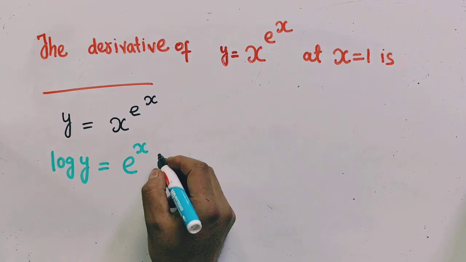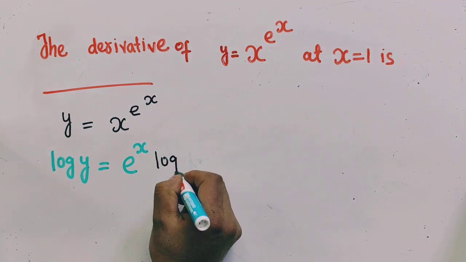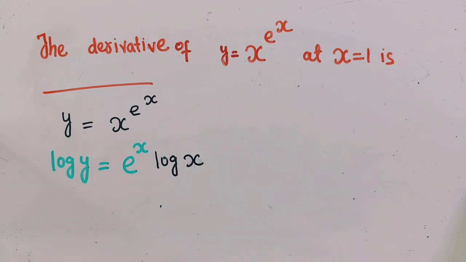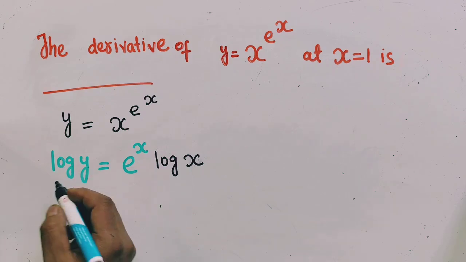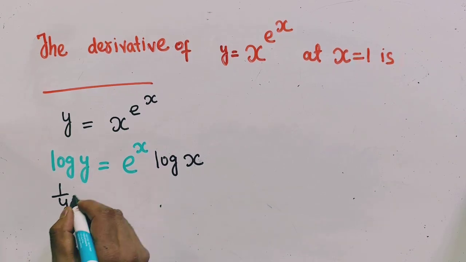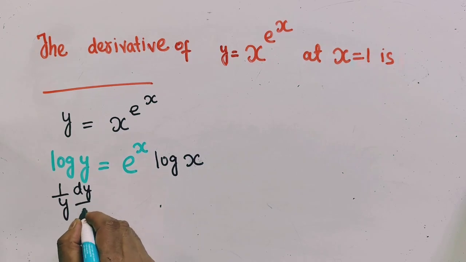We have log of x here. Okay, so now let us differentiate it. So the derivative of log of y is, we know it is 1 upon y dy upon dx.